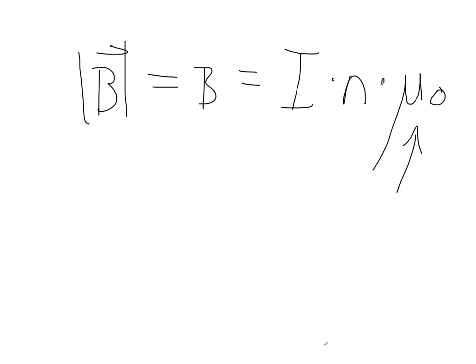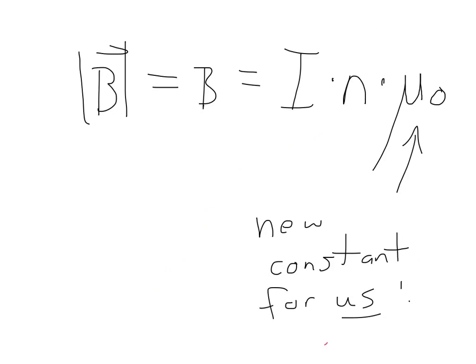This is a new constant. What you're going to be doing in lab is measuring the size of this constant, mu0. It's new for us. Alright, so what is this n? This n refers to the number of coils per unit length.